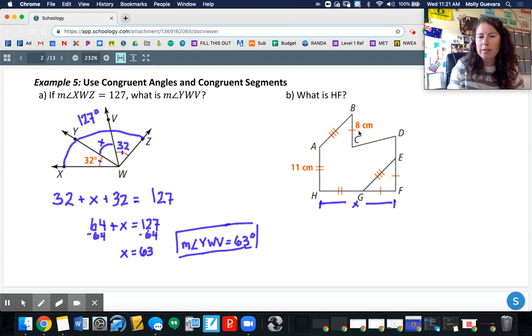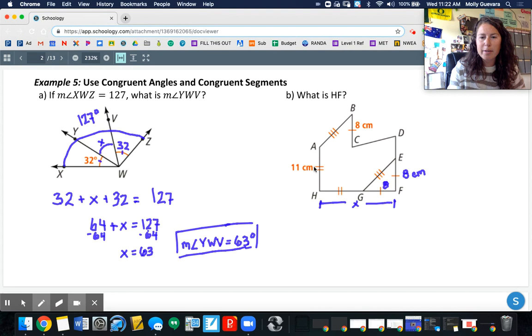The first thing I see is that one tick mark means it's 8 centimeters. So this right here is 8 centimeters, and I know that because it has one tick mark. I don't know any other single tick marks, but I do know that these two are 8 because they both have one tick mark.